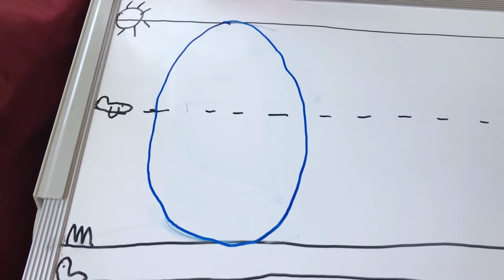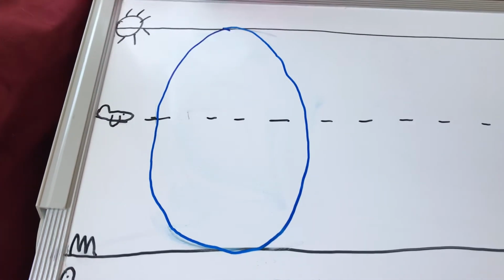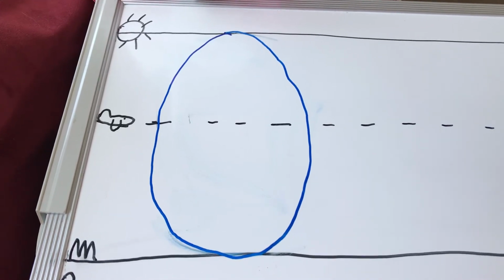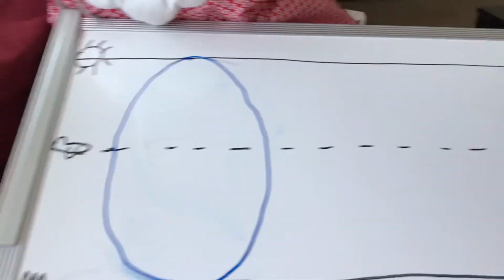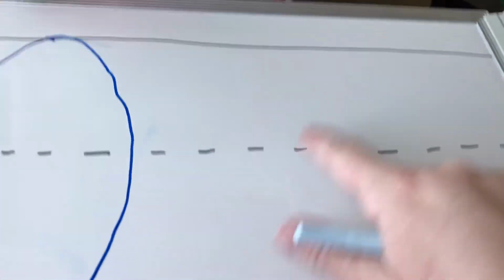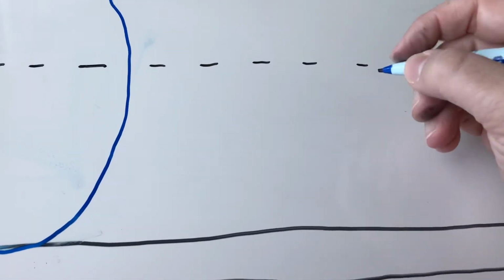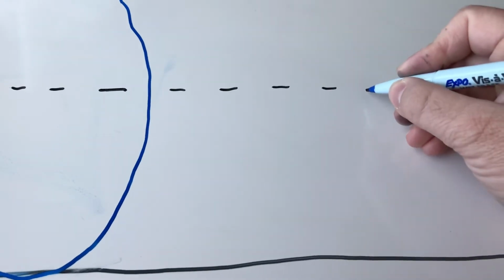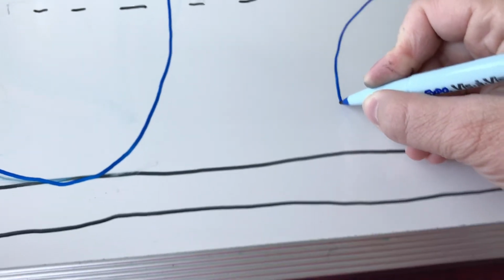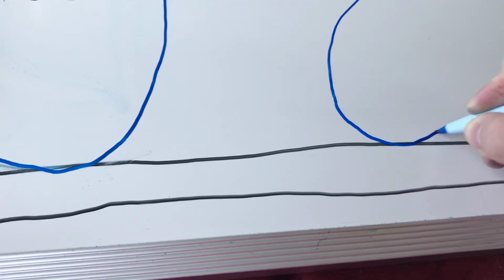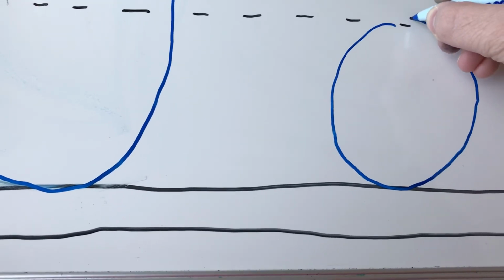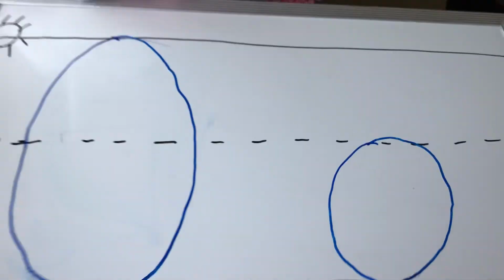And if you notice an O, well, it kind of looks like an Easter egg, doesn't it? Or an oval. Oh, the shape oval starts with O. Now for the lowercase o, I'm going to come over here to the plane line, and I'm going to use my pinchers and pinch the end of my marker here, and I'm going to curve back and come down to the grass line and come back up and close my O up right on the plane line.